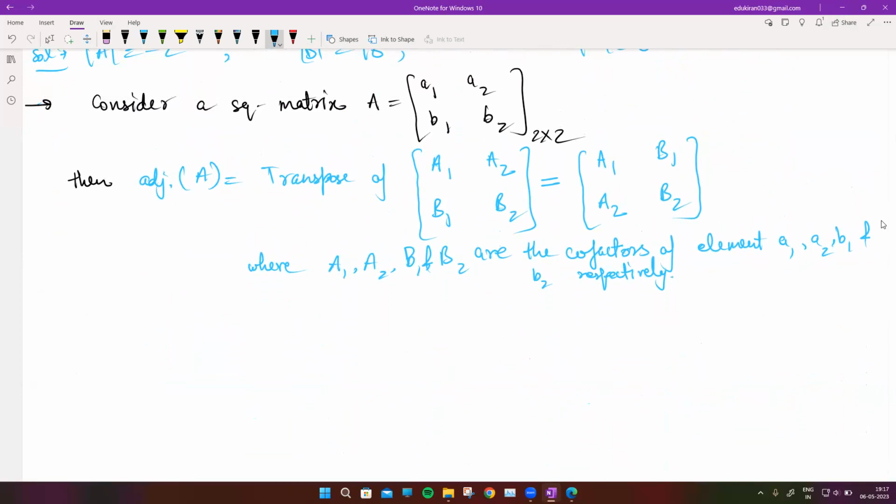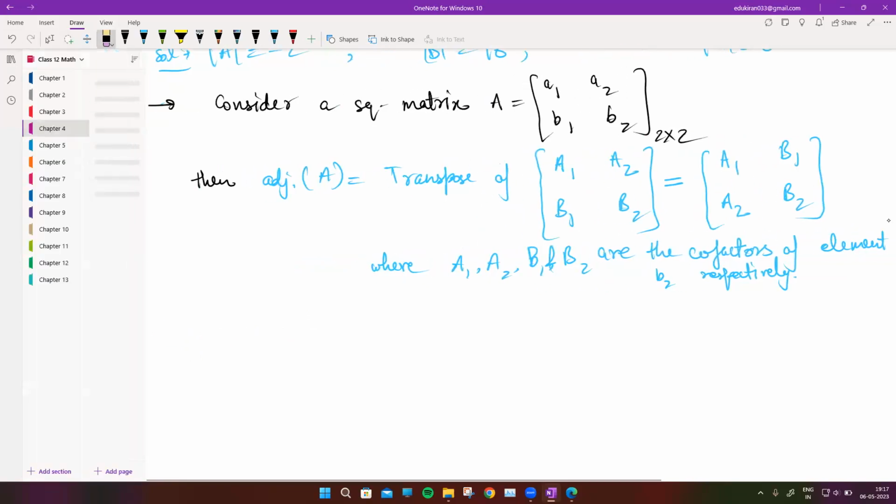The value of a determinant is determined only after we calculate cofactors, right? We know the minor Mij for any element Aij.